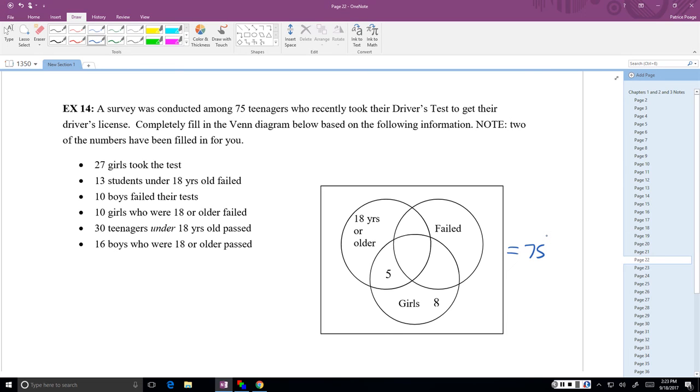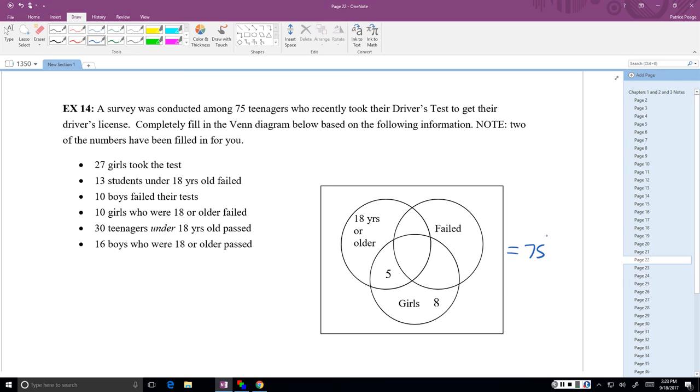Instead of reading 10 boys failed their test, you read 10 boys and you stop. That means they're not a girl. So there's one of these 4. And it says they failed. So we're talking about these 2. Hang with me. Instead of reading 10 girls who are 18 or older failed, you read 10 girls and you stop.